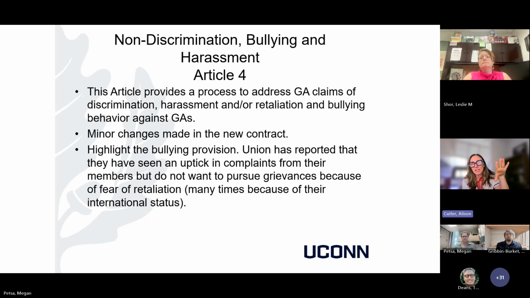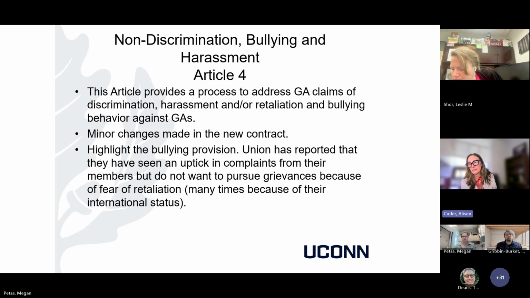There weren't a lot of changes with Article 4, which is non-discrimination, bullying, and harassment. What I want to highlight today is that we've had conversations and we've seen it. Labor Relations has seen it, and I know the graduate school has seen it. Claims that there is bullying of our graduate assistants taking place.